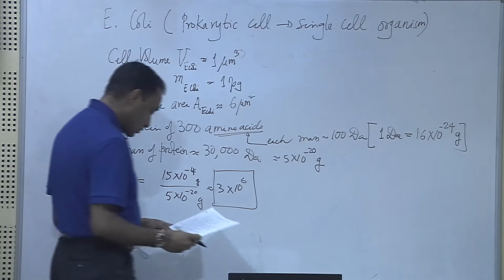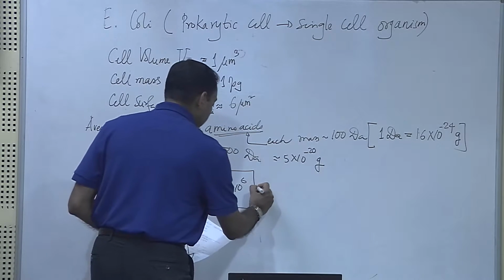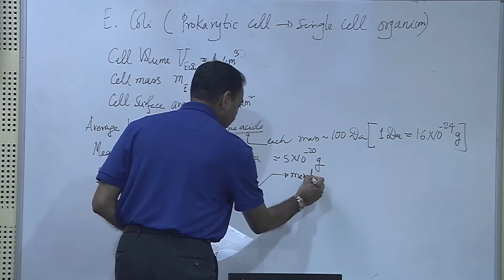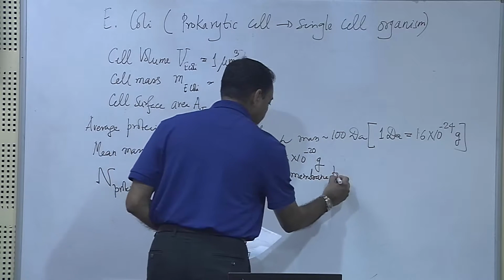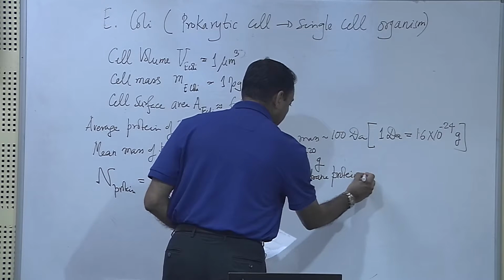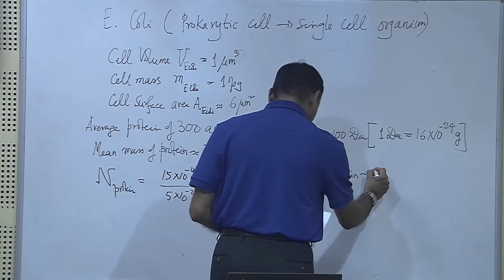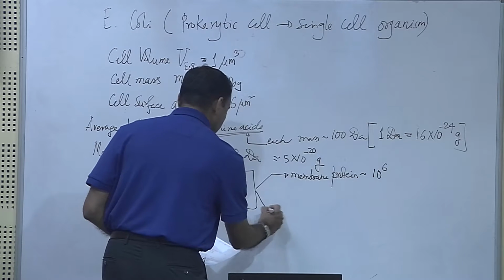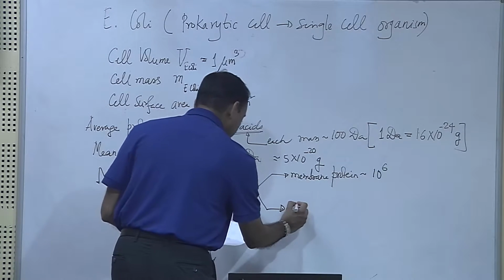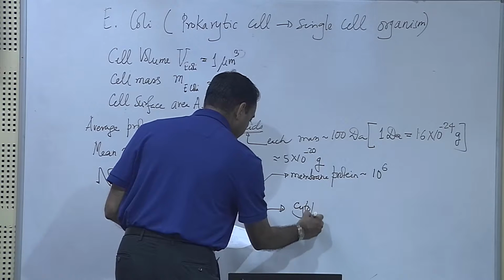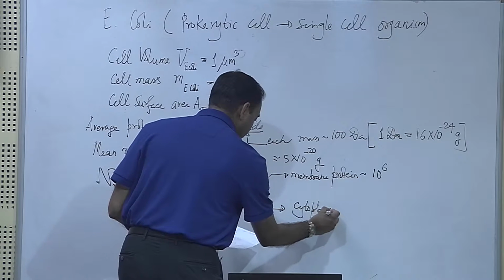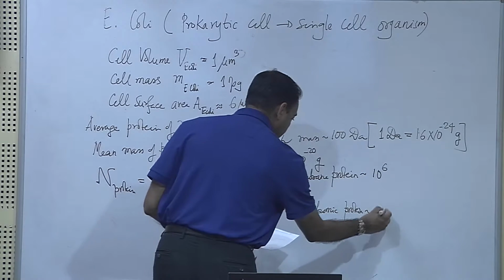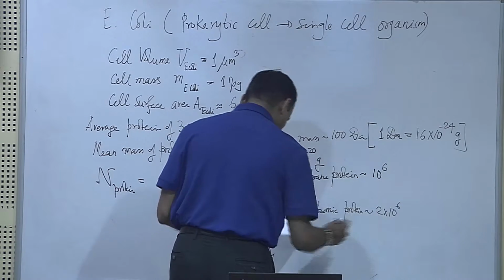So, we can say that the membrane protein is close to 10 to the power of 6, and cytoplasmic protein is two times 10 to the power of 6.